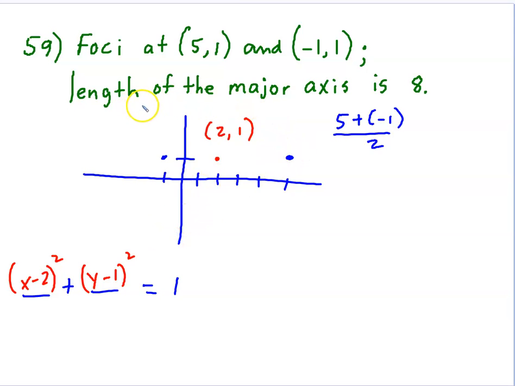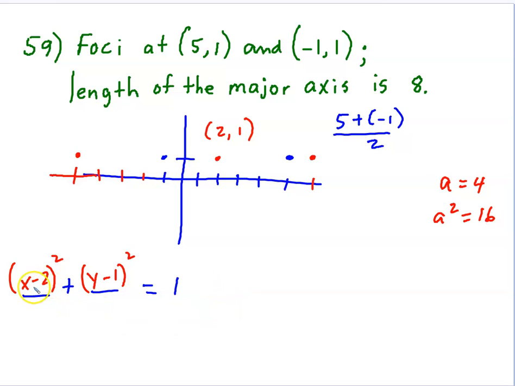Well, if the length of the major axis is 8, that means from the center, it's got to be 4 units on either side. So 1, 2, 3, 4, right there. Again, this is more or less for graphing purposes. So that means a is 4. So a squared, obviously, then is 16.